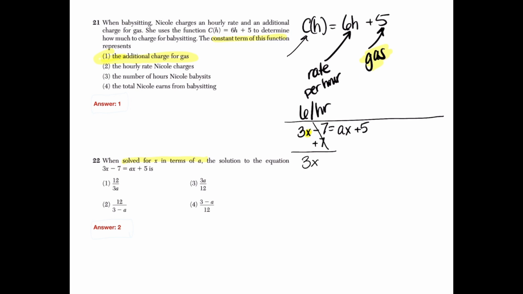That leaves me with just 3x. And I'm going to do the same thing here, add 7. So I have Ax plus 12. Okay, now I'm going to move my Ax over.